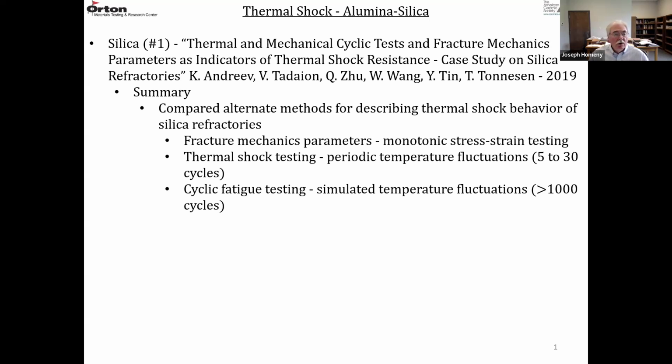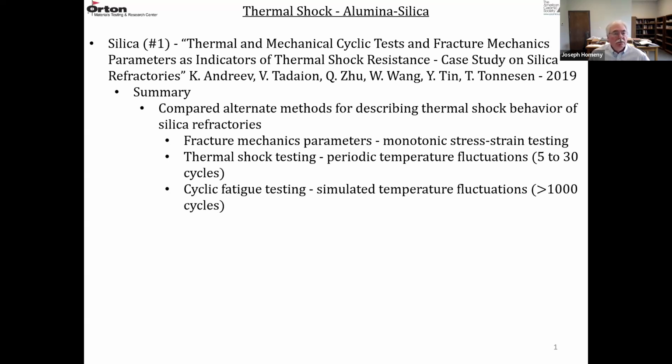So the rest of this course, I picked probably 25 or 30 studies that have been done on a wide variety of refractory compositions. People have tested thermal shock in many different ways and looked at the thermal shock theory in many different ways. So hopefully I'll cover a wide range of what's been done.